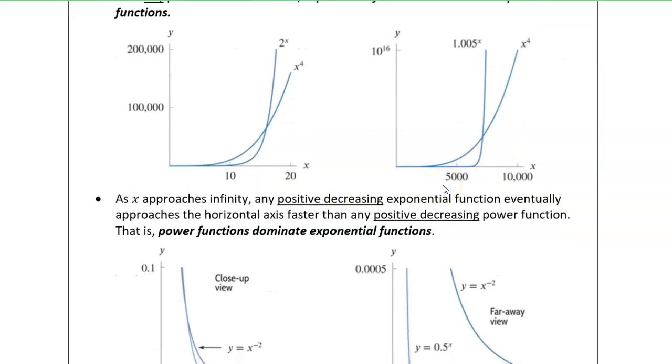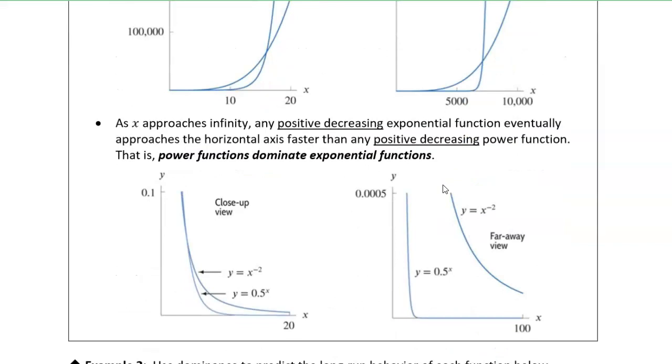Now let's look at the positive decreasing exponential functions. So we have exponential decay. If you compare a positive decreasing exponential function with a power function that is also positive and decreasing, here they're comparing x to the minus 2 and x to the 0.5x.